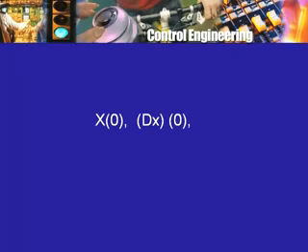If x is the position of the particle at time t equal to 0, then dx is the velocity, so I need to know the velocity of the particle at time t equal to 0.